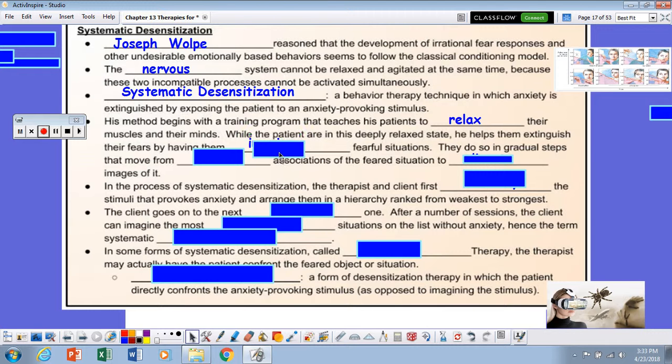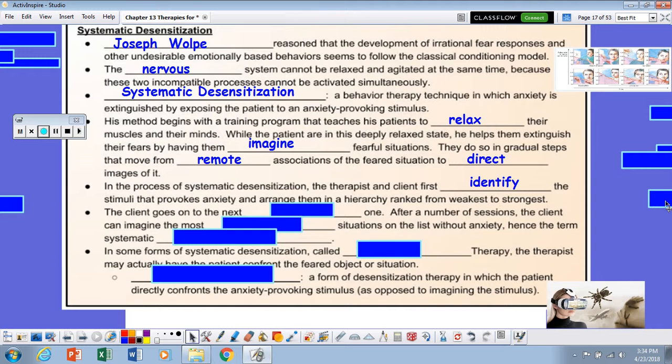While the patient is in a deeply relaxed state, he helps them extinguish their fears by having them imagine fearful situations. They do so in gradual steps, moving from remote associations of the feared situation to eventually direct images of it. In the process of systematic desensitization, the therapist and client first identify the stimuli that provoke anxiety and arrange them in a hierarchy ranked from weakest to strongest.